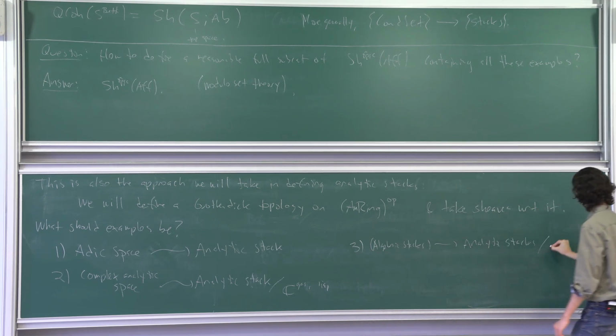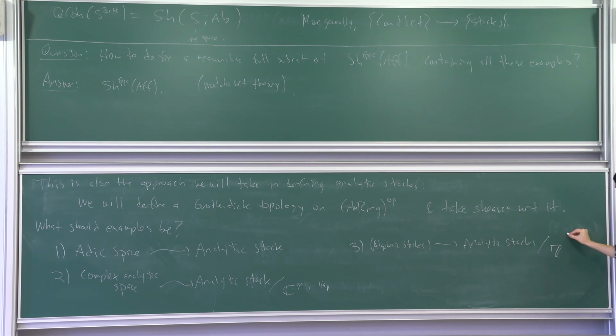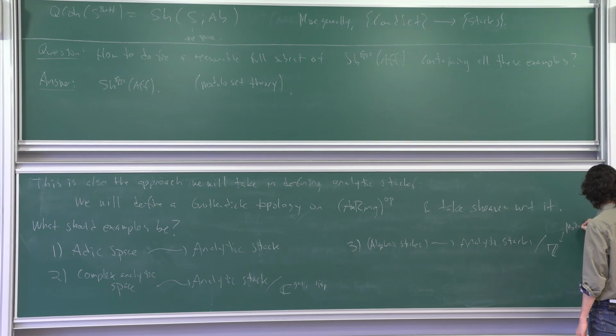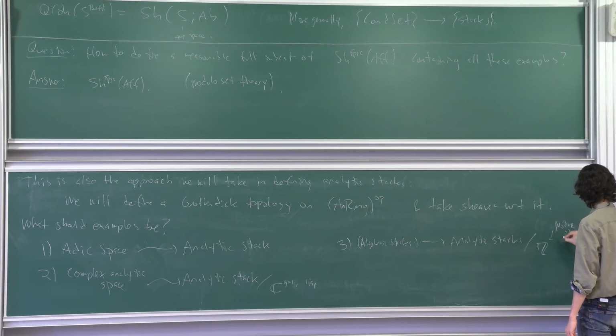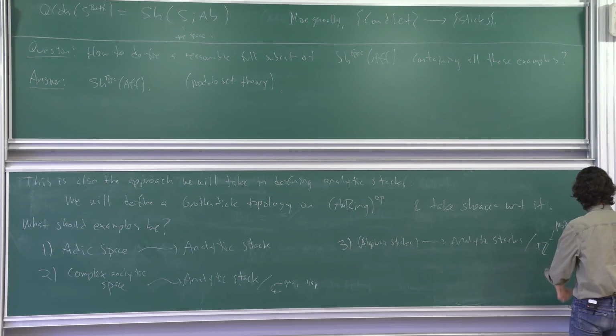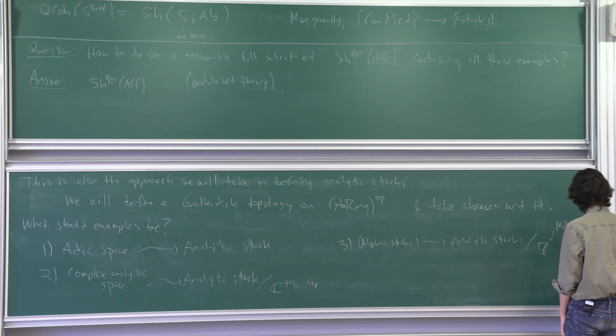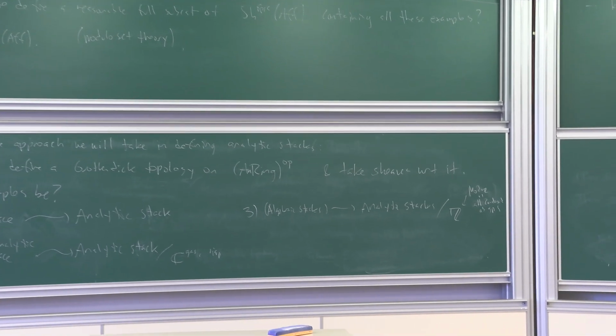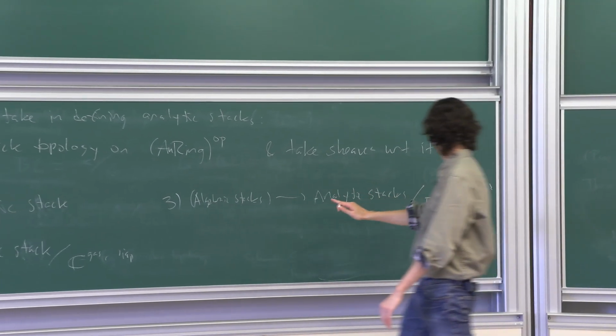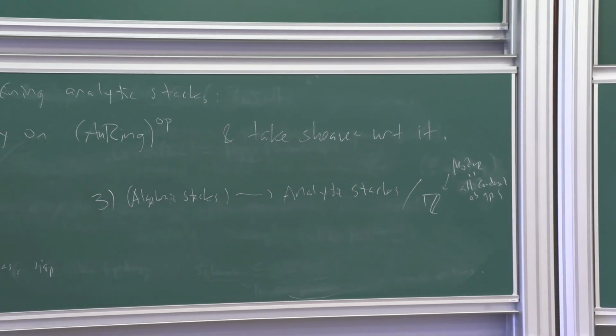And this goes over the universal base Z. So kind of universally over any analytic ring, if you have some algebraic object, you can get an analytic object.